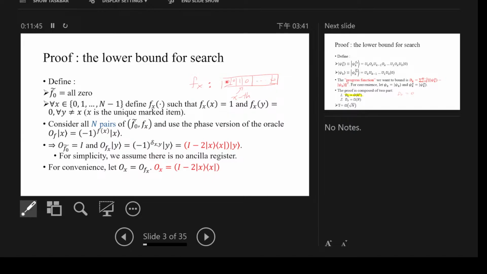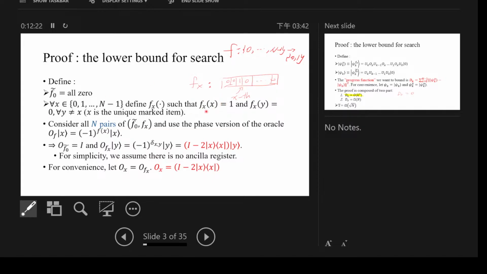Remember this is just notation. Small f maps 0 to n minus 1 to 0, 1. We count from 0, and we have this small f sub x, with x also from 0 to n minus 1, as a particular function whose truth table is all 0, but at the x location it is 1.